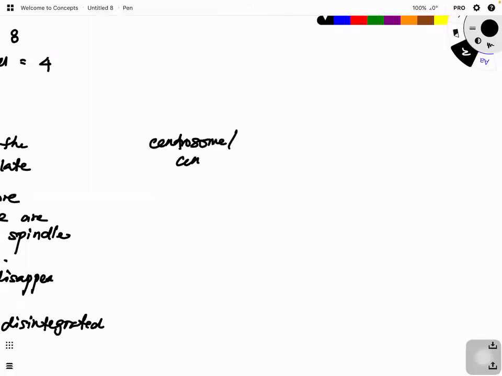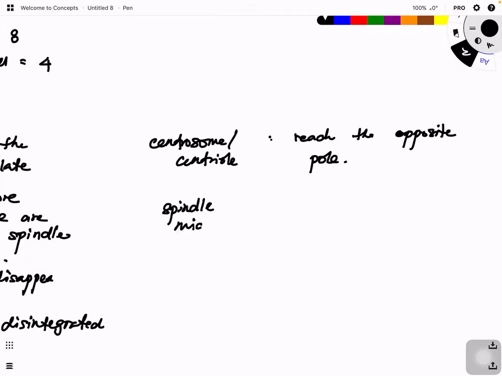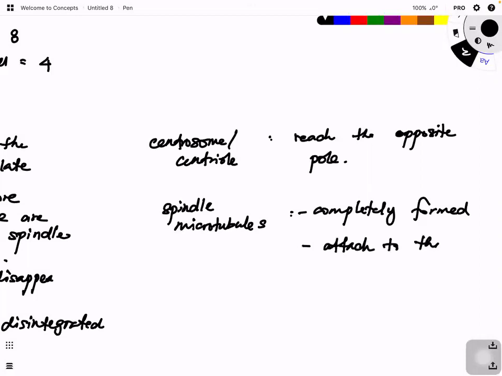So what they do, they now reach the opposite poles of the cell. The spindle microtubule is completely formed, and they attach to the kinetochore of the centromere.